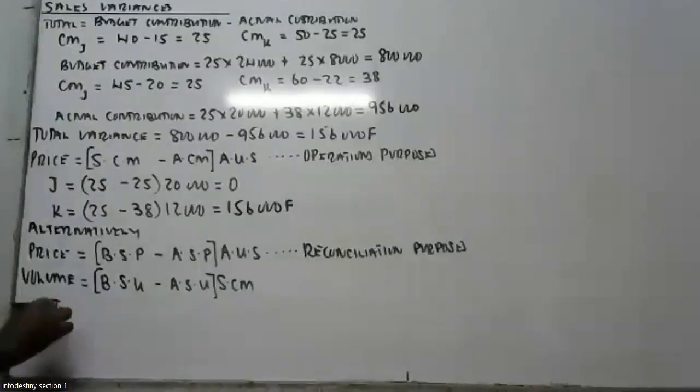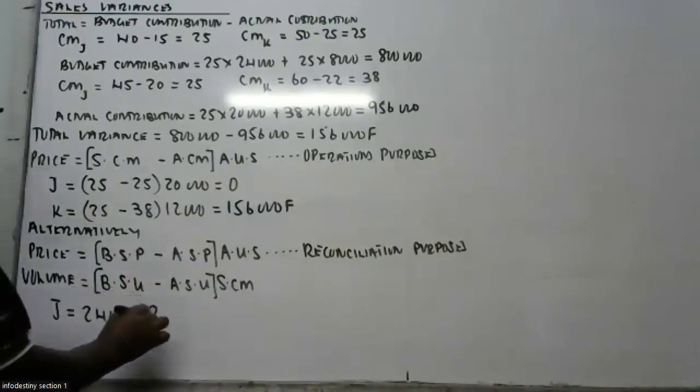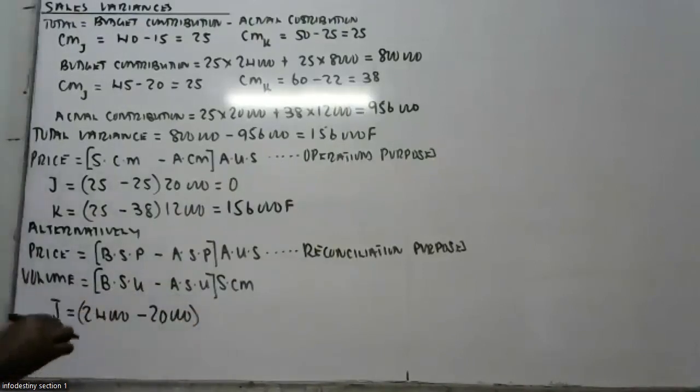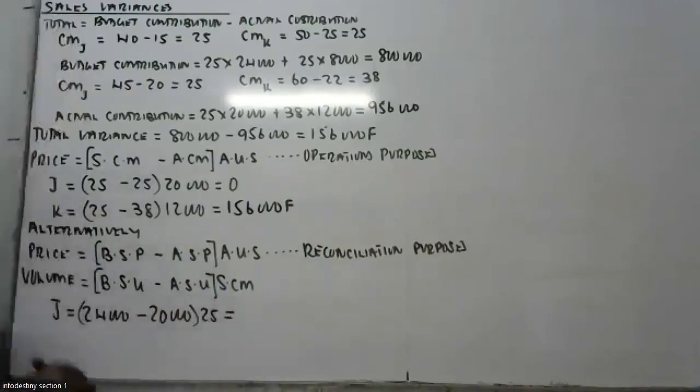So when we get to product J, the budget was to sell 24,000, but we ended up selling some 20,000. And the standard contribution is 25. So if you take 4 times 25, what are you getting?